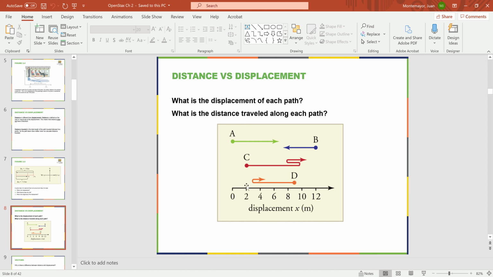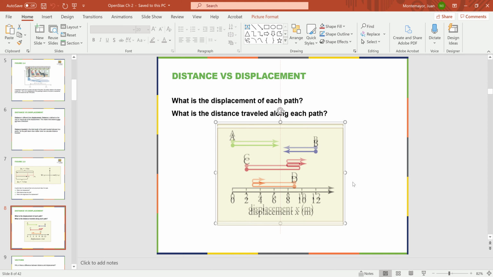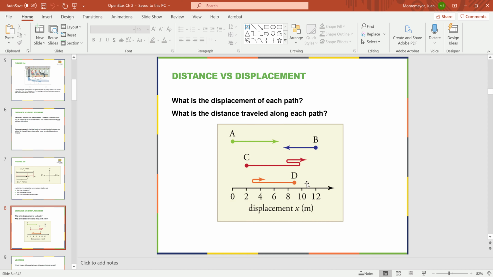For C, they started at 2. They went to about 10, came back to about 8, and went to about, let's call that 11. So from 2 to 11, and 11 is the final, 2 is the initial here. So 11 minus 2, the displacement here is 9. 9 meters in the positive direction.